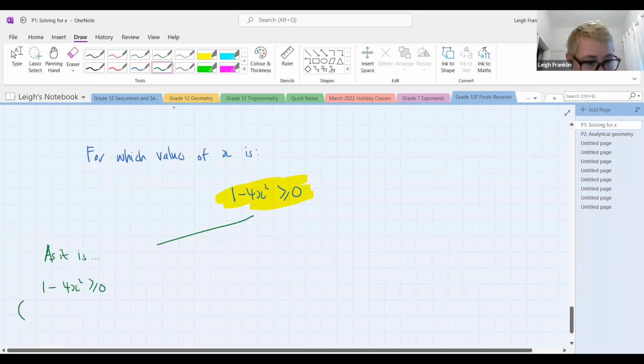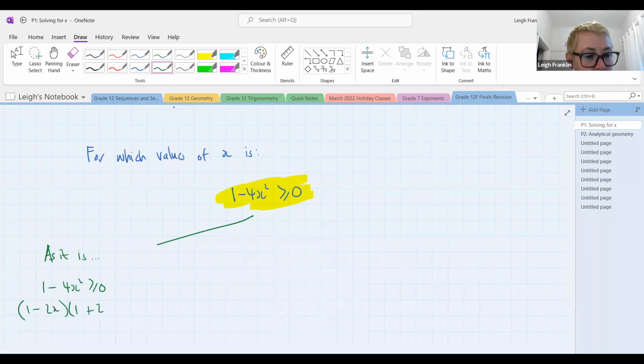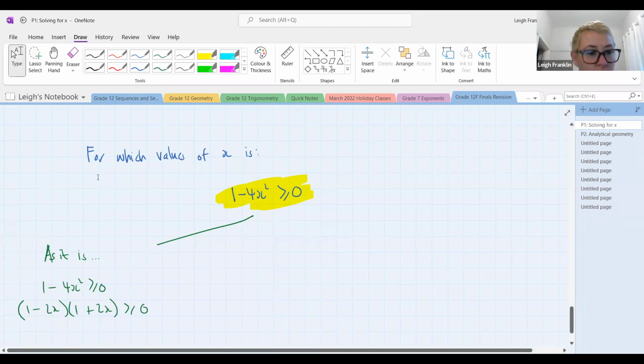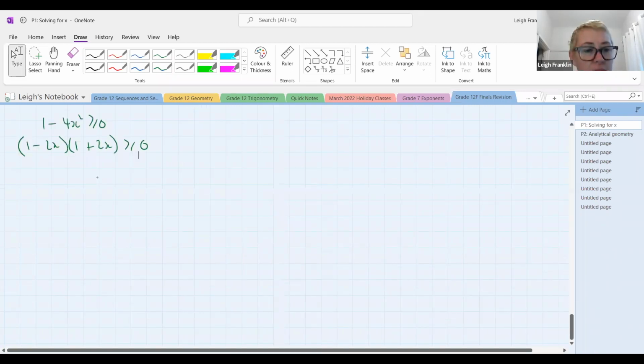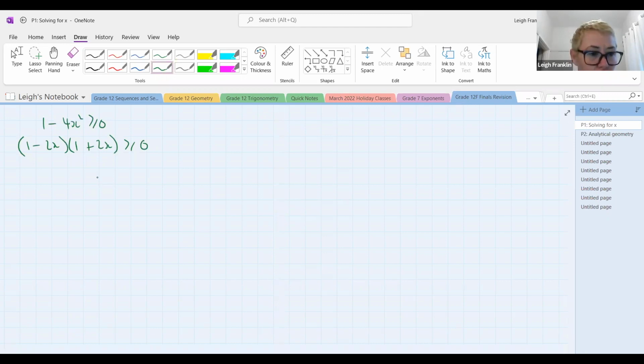We're still going to factorize. This is a difference of 2 squares, so when I factorize this, it becomes 1 minus 2x times 1 plus 2x. After I've factorized, I've got to write down my critical values. So what would our critical values be in this case? x equals what?